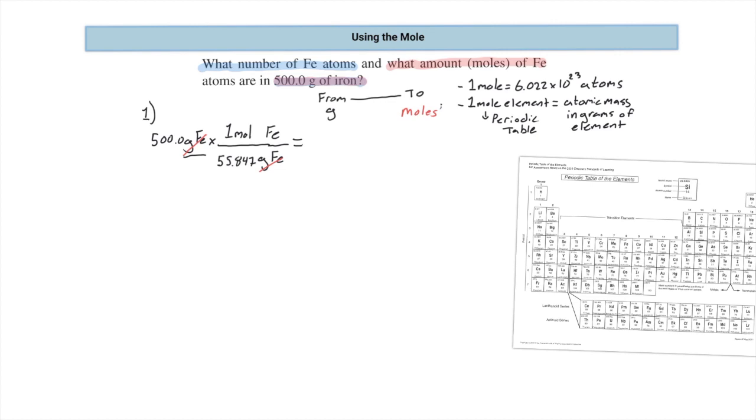So we're going to divide 5 with 3 zeros by 55.847.